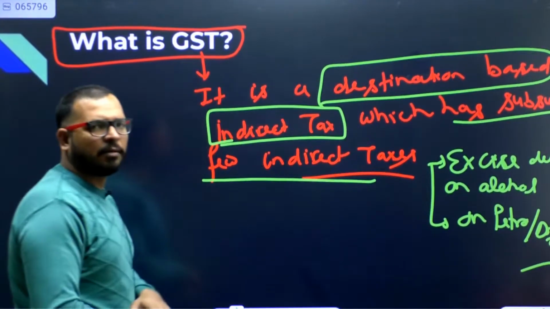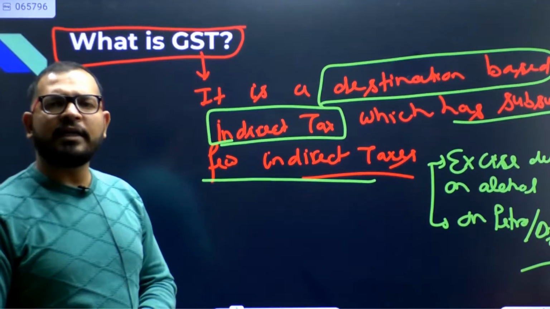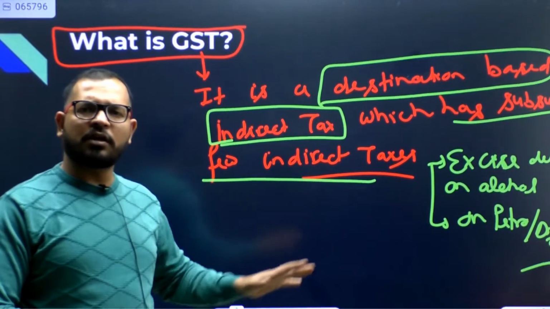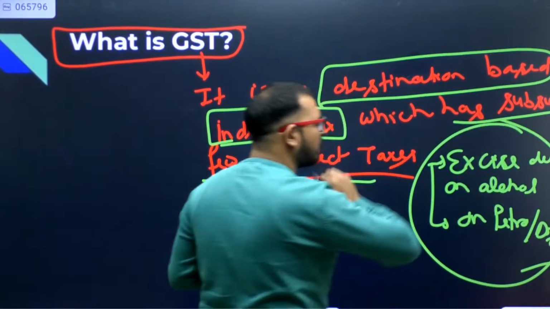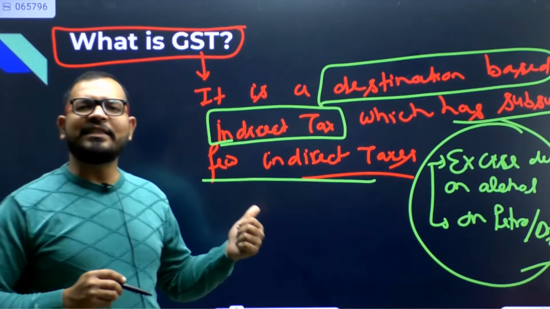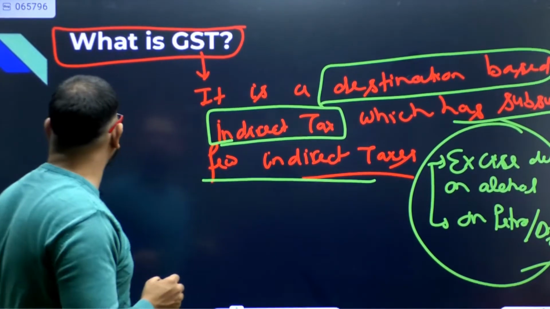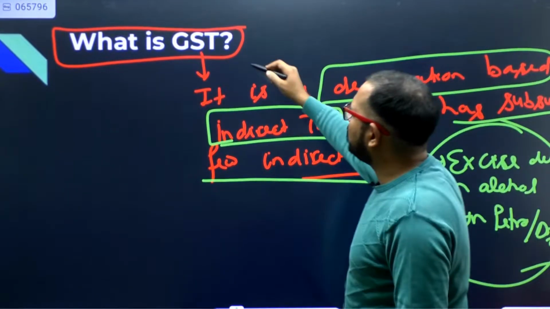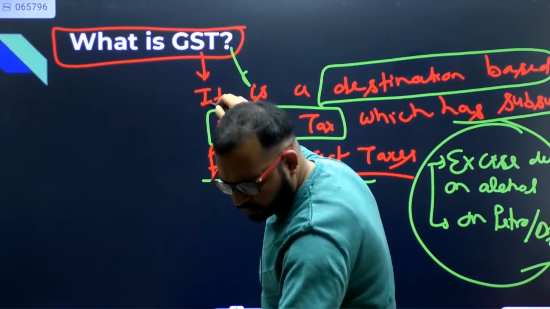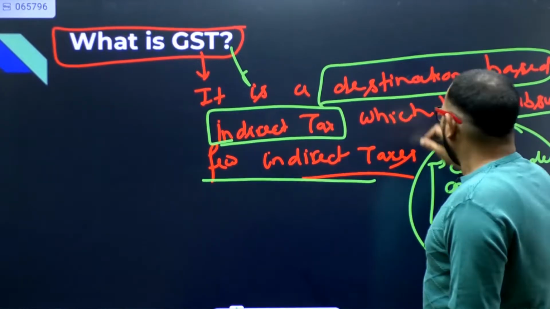These are examples where indirect taxes are not subsumed under GST. It means these commodities are out of the GST tax structure. If you have understood the definition, then it is well and good. If you have not, then please do let me know. Now let's move forward. Why did we need it?